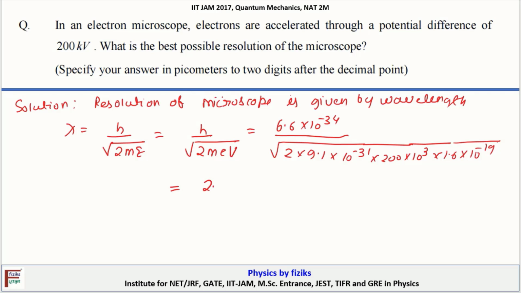This value would give us 2.75 × 10^-12 meter, which is 2.75 picometer. So our answer is 2.75.